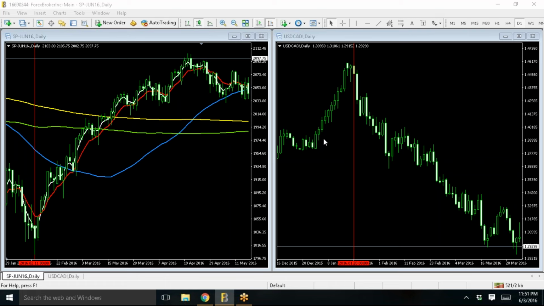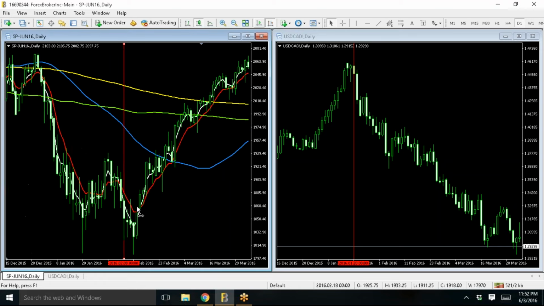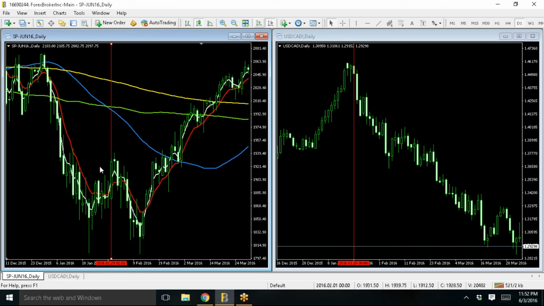I'm not saying it will, but it's possible. Just as a reminder, gold is an indicator for USD CHF. USD CHF reacts to gold. So kind of like how oil is an indicator for USD CAD, it's the other way around. USD CHF reacts to gold.